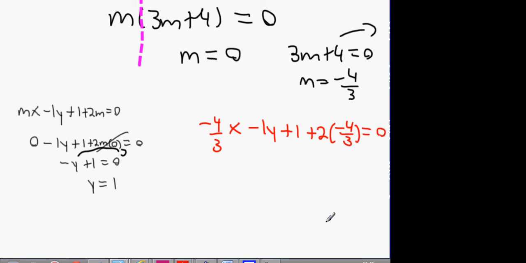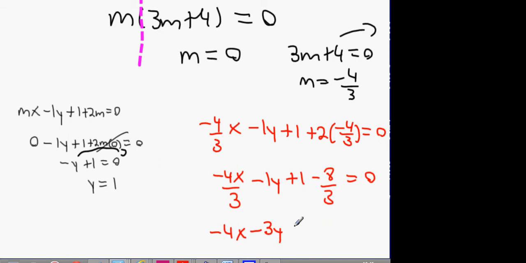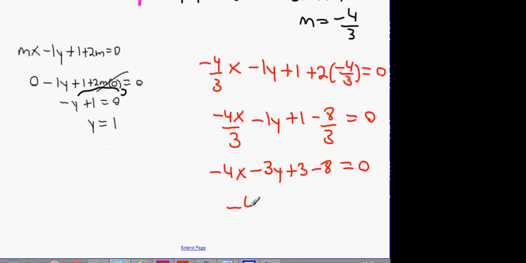Minus 4x over 3 minus 1y plus 1 minus 8 over 3. Multiply everything by 3. Minus 4x minus 3y plus 3 minus 8 equals 0. The answer to this one therefore is minus 4x minus 3y minus 5 equals 0.